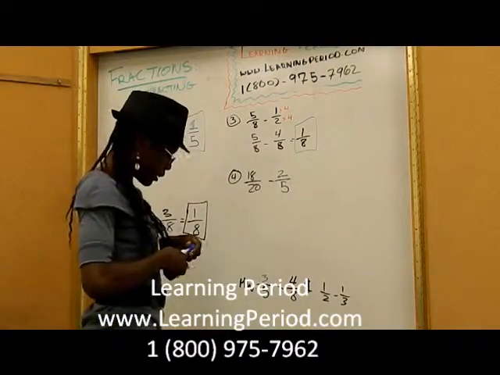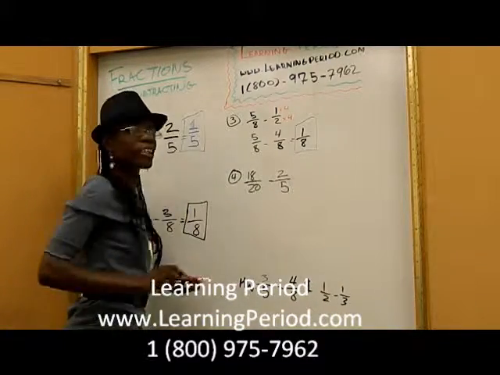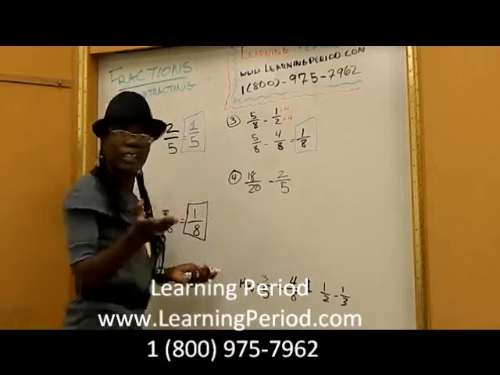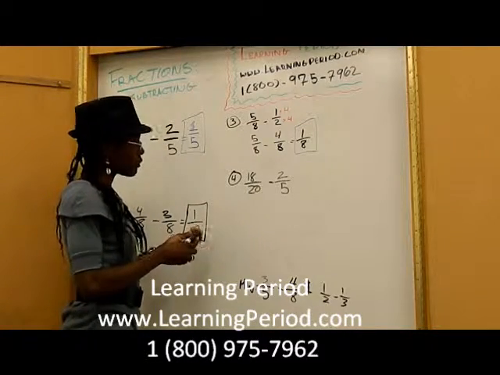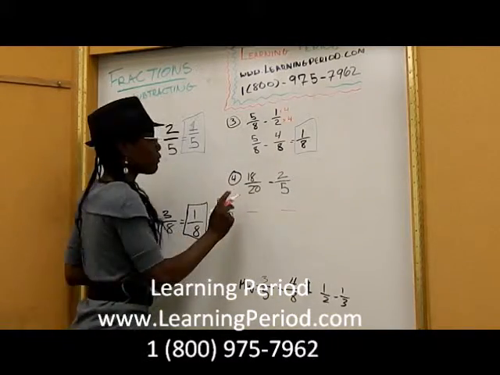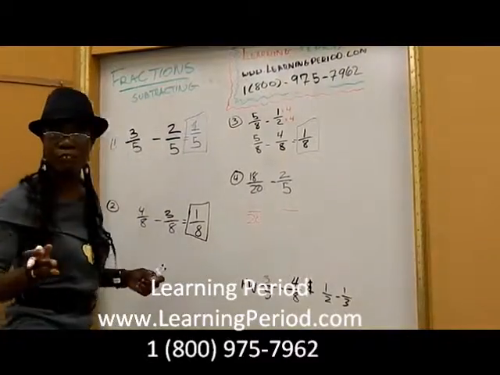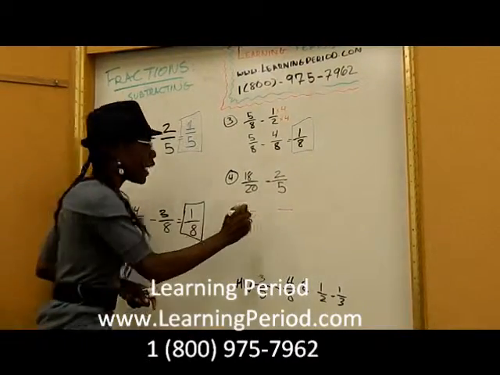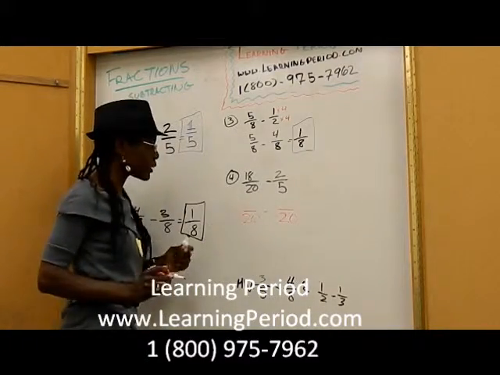What about something like this? Where you have 18/20 minus 2/5. We again need to find the common denominator. So what is the common denominator between 20 and 5? As you learned from the video where we did how to find common denominators, the common denominator is 20.